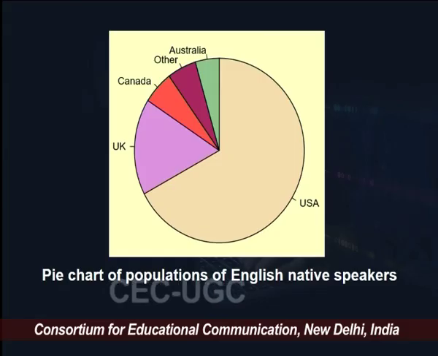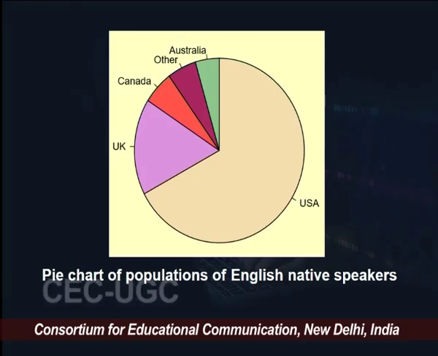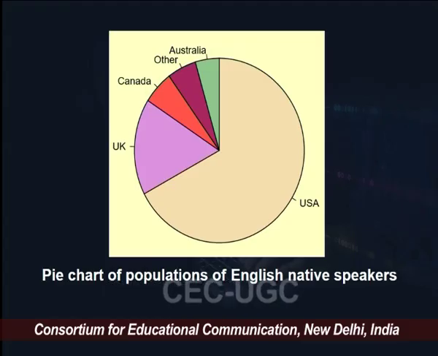If you look at the screen, it shows a visualization, a pie chart of populations of English native speakers. And it's not tough to see that your eyes are taken to the biggest chunk of the pie, which says USA. Then you have other countries: UK, Canada, others, and Australia. Instantly you can see that USA has the most English native speakers, followed by UK, Canada, then Australia is last.